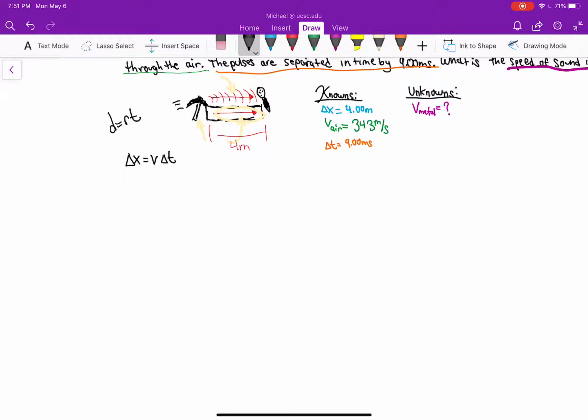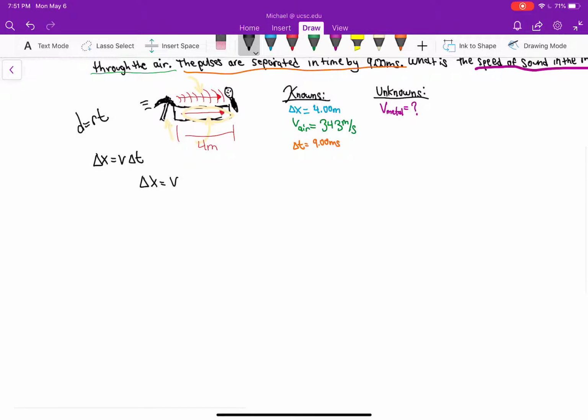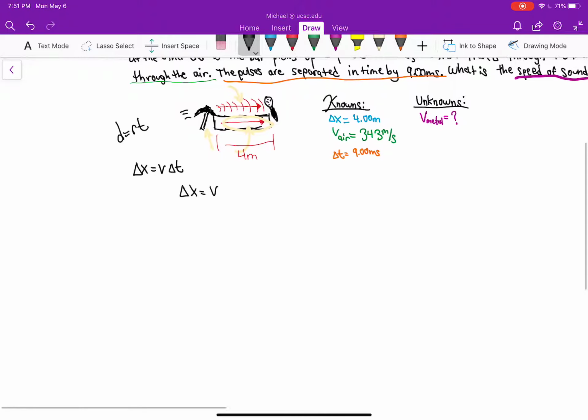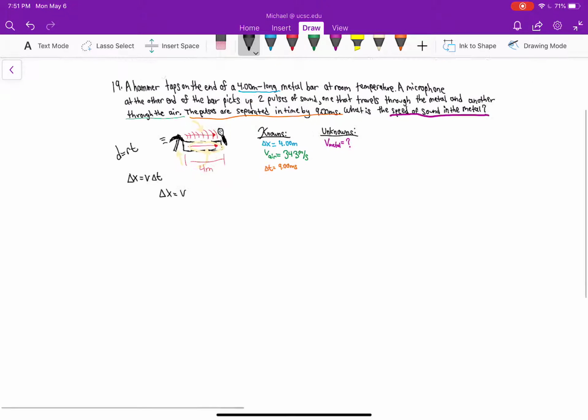So we can start by finding the time it took for the air wave to get to 4 meters, since we have the speed of sound of air and the length of the metal rod. We can find that time and use it later.